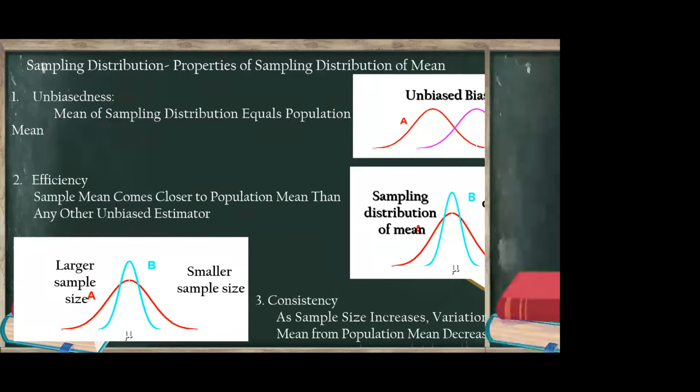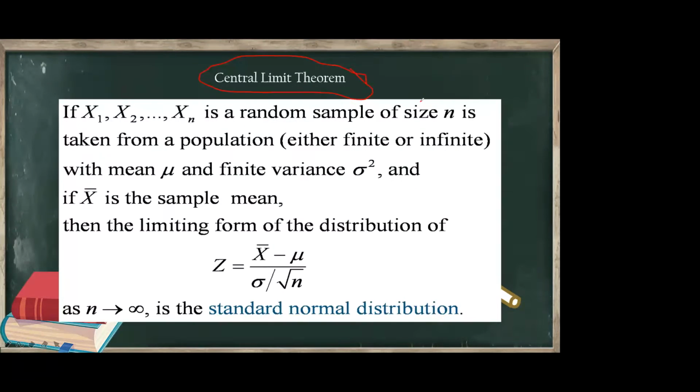Now the same thing we're going to do here. Now you know what is called normal distribution. So actually the central limit theorem states, now listen carefully. The central limit theorem, you can also call it CLT. It states the same thing.